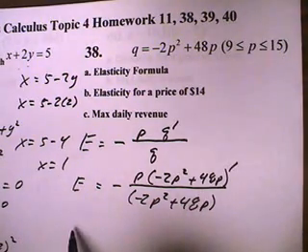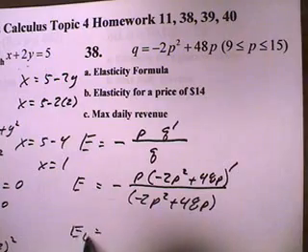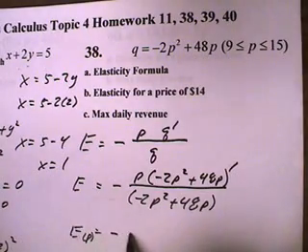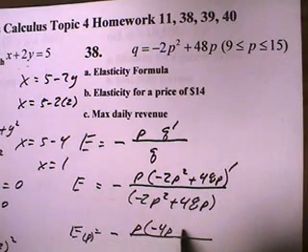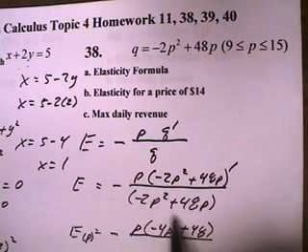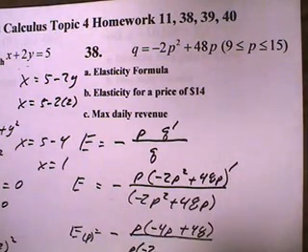Alright, the derivative of the numerator would be negative 4p plus 48. In the denominator, I'm going to factor out one of those p's. So we'll have p times negative 2p plus 48.